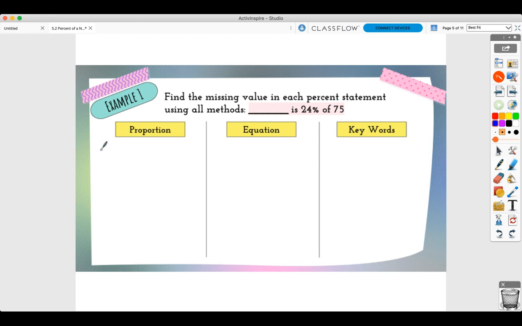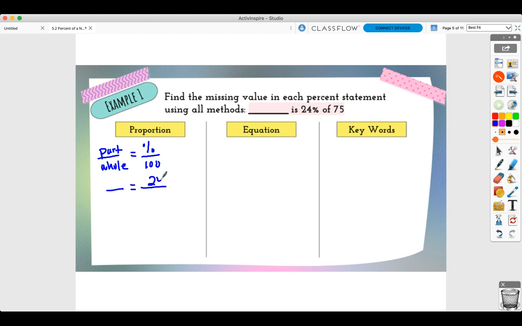The proportion method is saying part over whole is equal to percent over 100, because that's what percent means. So it's recognizing what the part and the whole are. 24% is going to be the easiest one to put in here because it's telling you that's the percent.